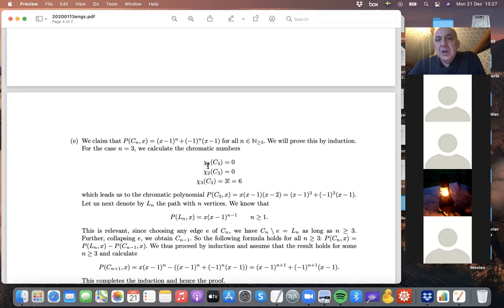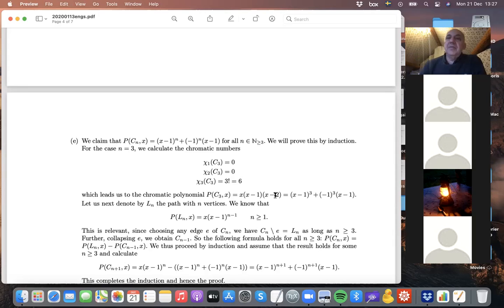So we cannot color it in one color. We cannot color it in two colors. And there are 3 factorial ways to color it in 3 colors. So the chromatic polynomial of this thing is x times (x-1) times (x-2).